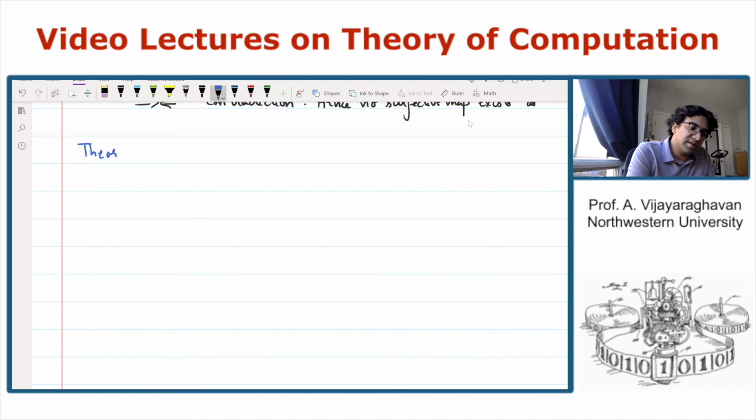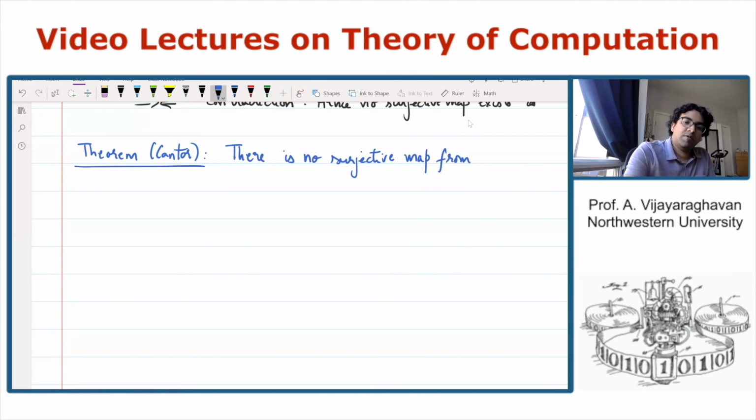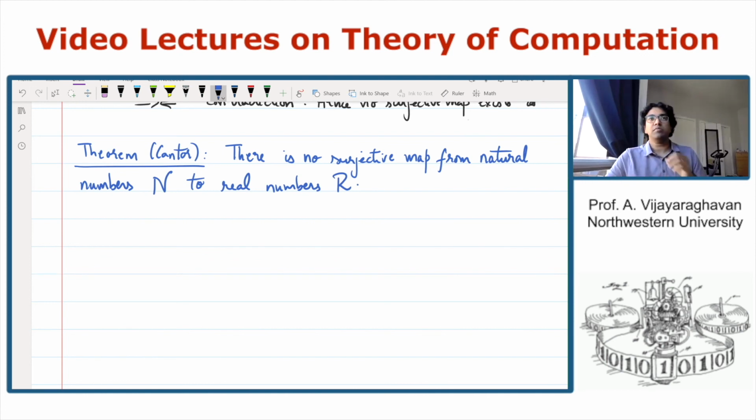This is the famous theorem of Cantor, which showed that there is no surjective map from natural numbers, script N, to real numbers, which we denote by script R. And the proof will be through diagonalization.